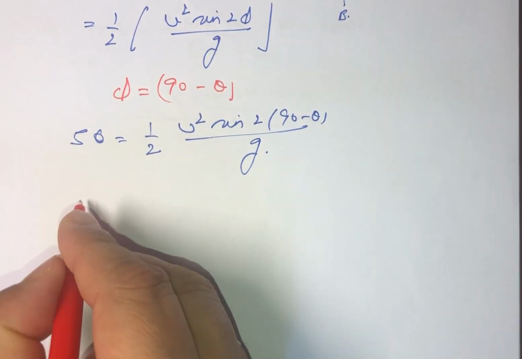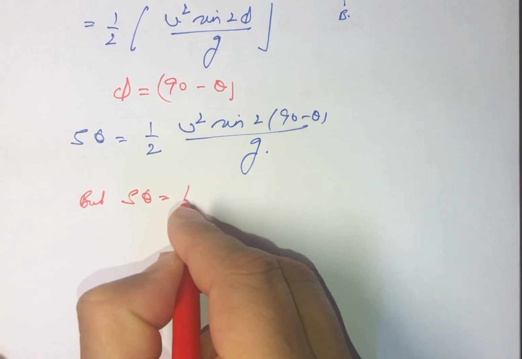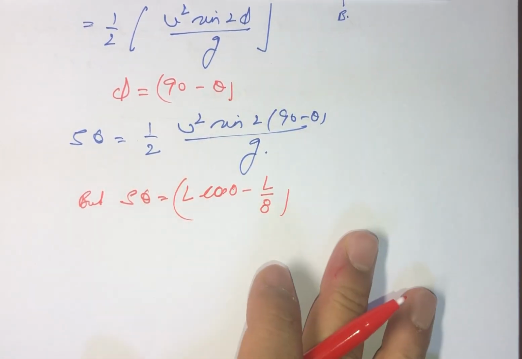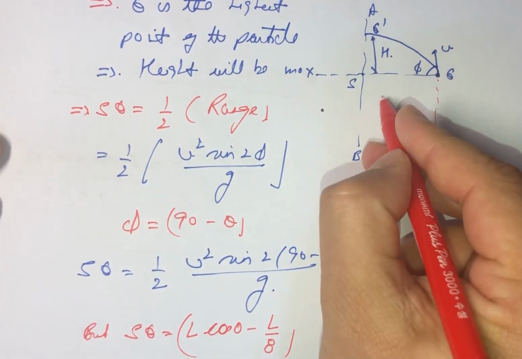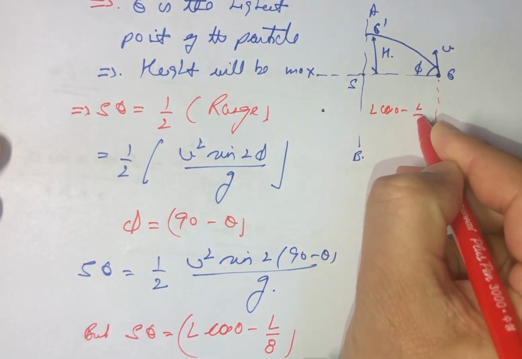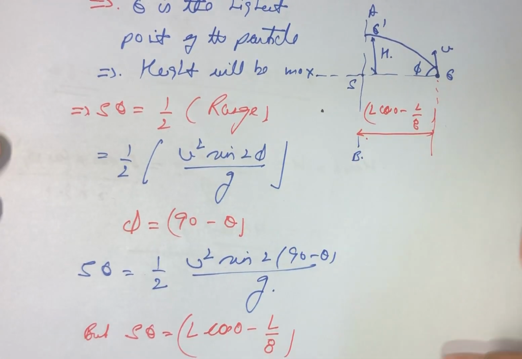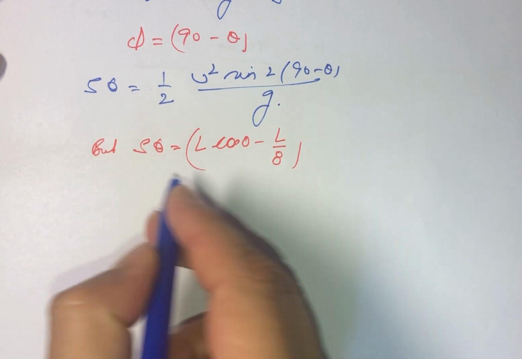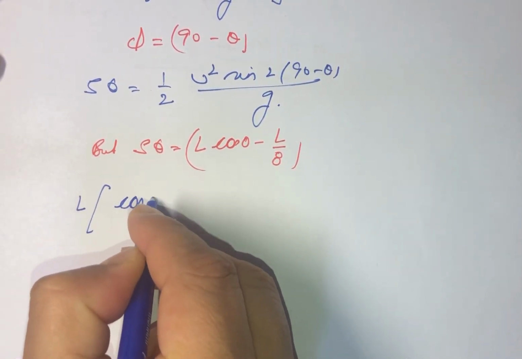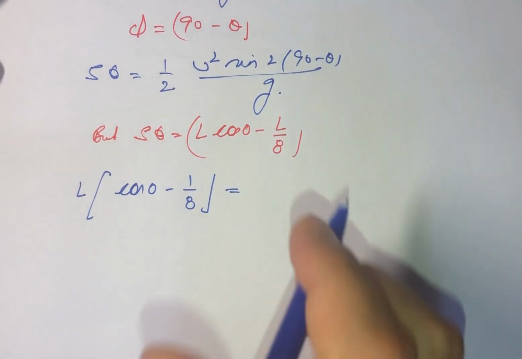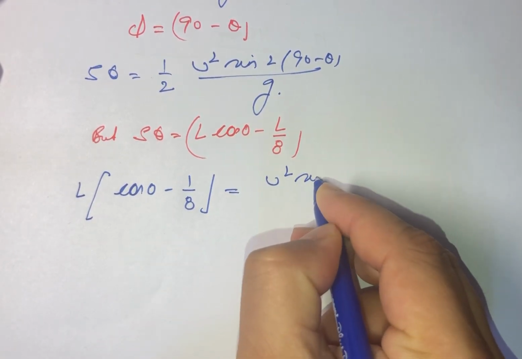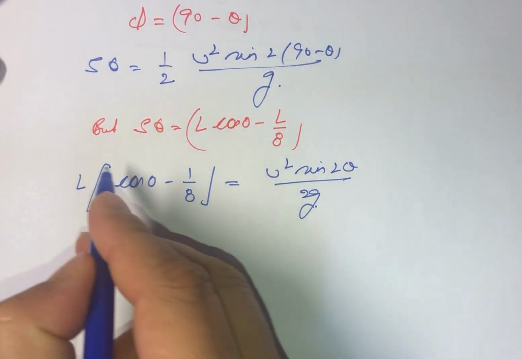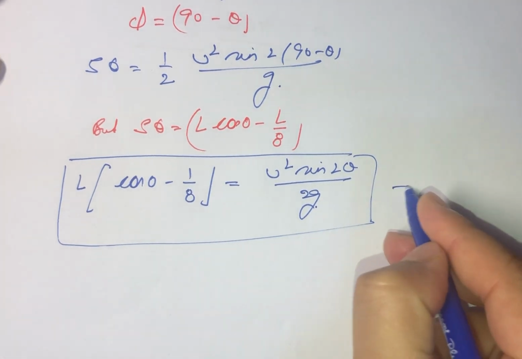So we can equate these two equations, and taking L as common, we get cos theta minus 1 by 8 is equal to v square sine of 2 theta divided by 2g, and let us call this equation number 1.